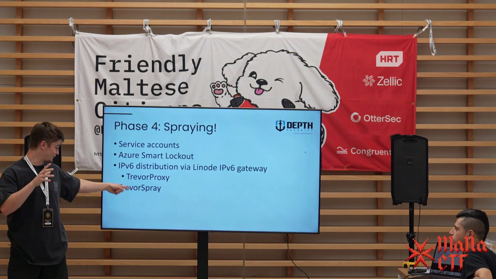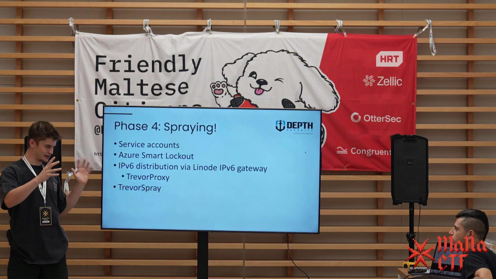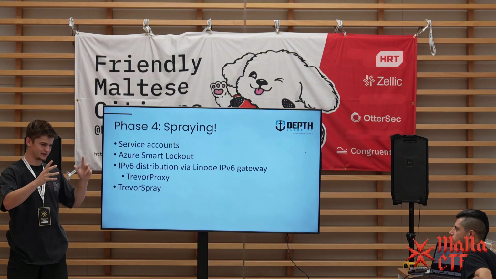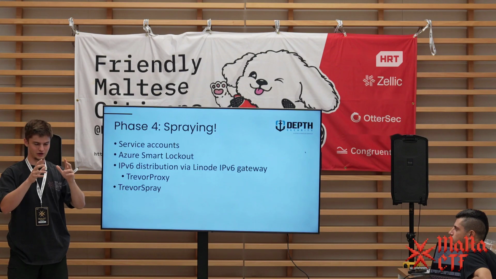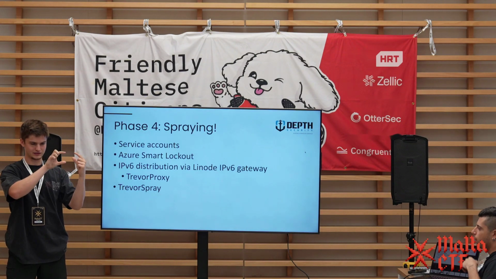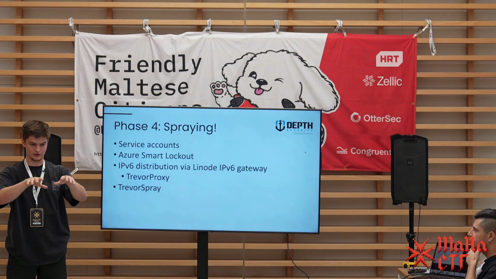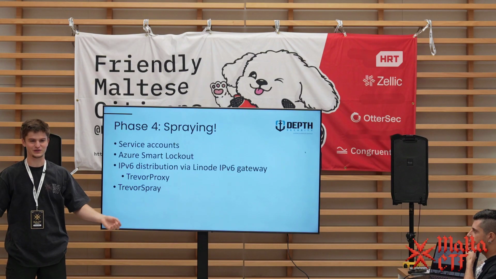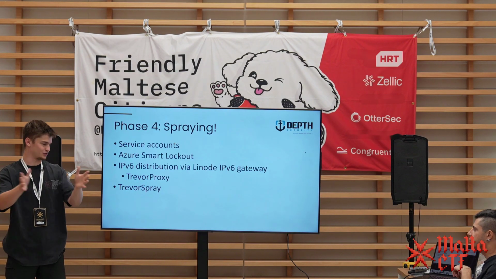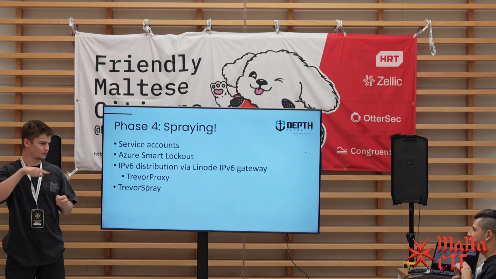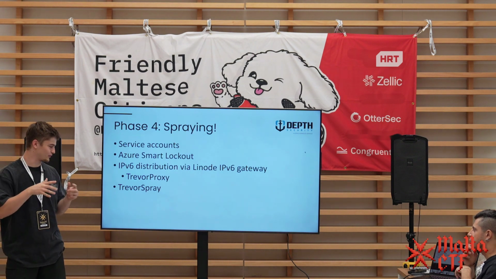You use TREVORspray to send a spray request, it gives it to TREVORproxy, which uses the SOCKS proxy and forwards the request to one of the billions of IP addresses that you have access to on your Linode machine, and then it sends your request. So it pretty much rotates IPs on every request you make.